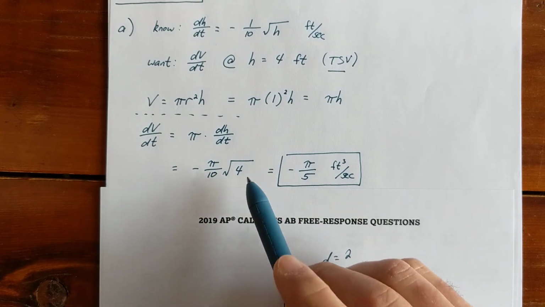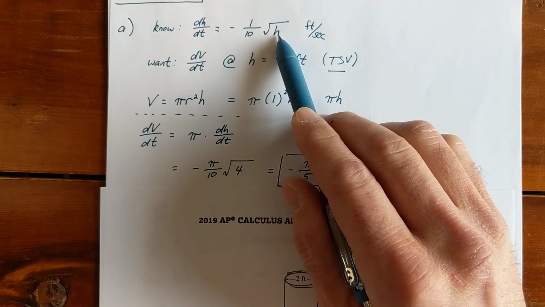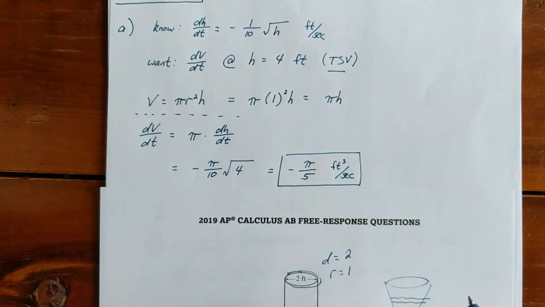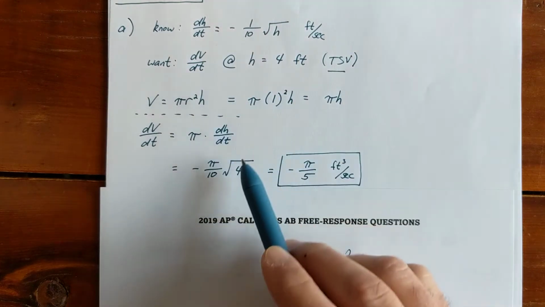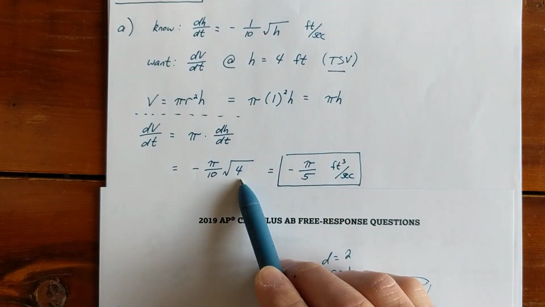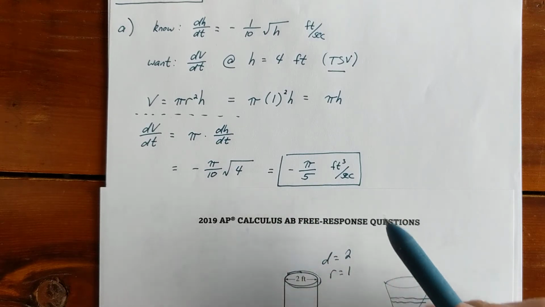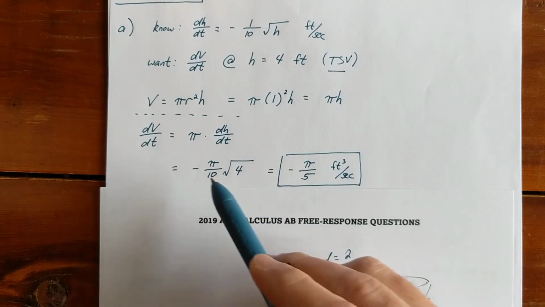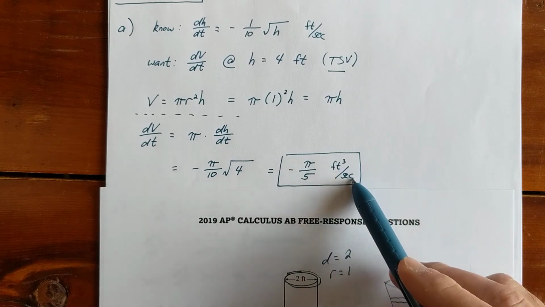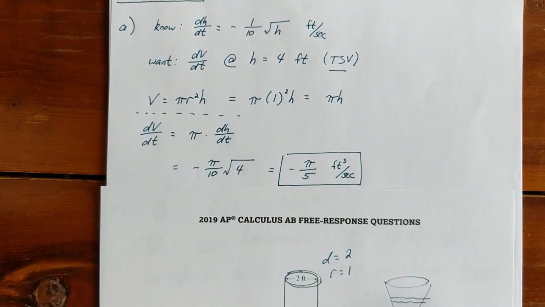And at this point also, we went ahead and put in the value for h here, which was time specific, h equal to 4. So that square root of h now became the square root of 4, which was a 2, and we got negative pi over 5. And they did ask again for units, so volume over time is going to be in cubic feet per second. And that's the end of part A.